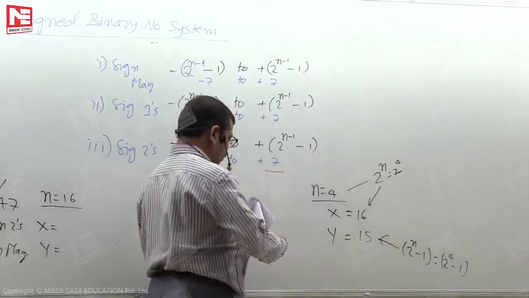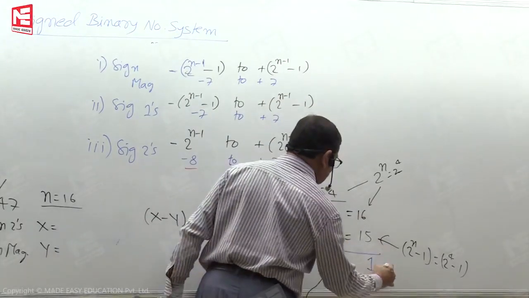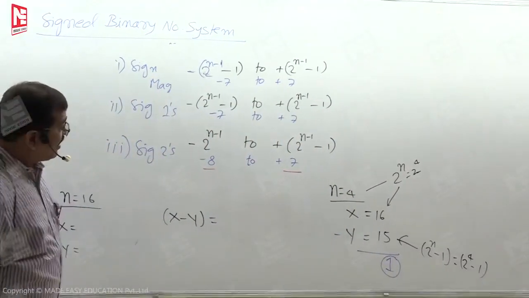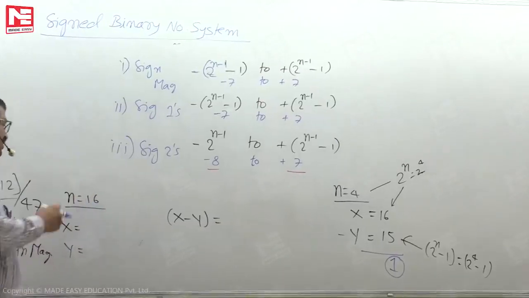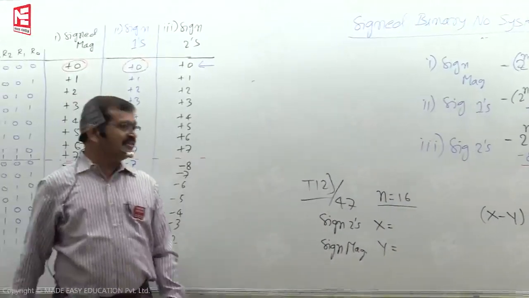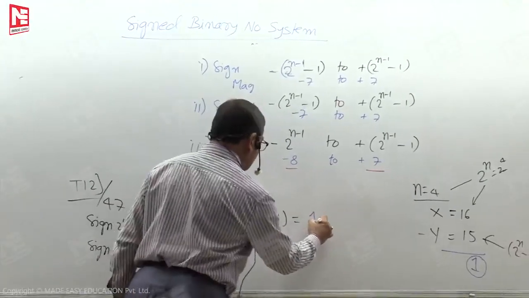As per the question, the difference x minus y is 1. Whether it is 4-bit, 16-bit, 10-bit or 8-bit, in any case the answer must be only 1.